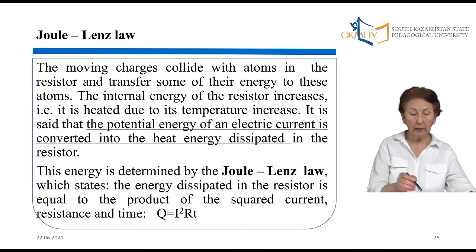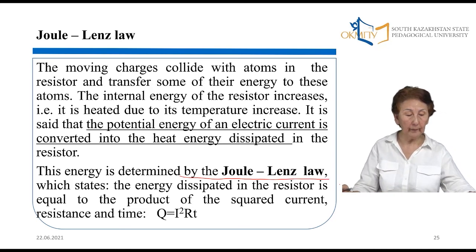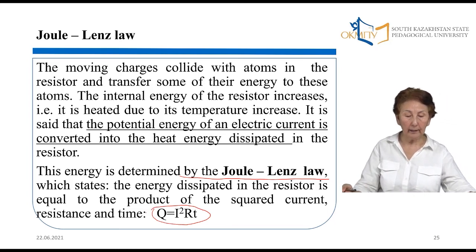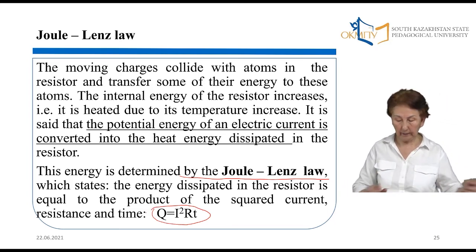This energy is determined by the Joule-Lenz law, which states the energy dissipated in the resistor is equal to the product of the squared current, resistance, and time. It is determined by this expression. That is the heat dissipated in the resistor.